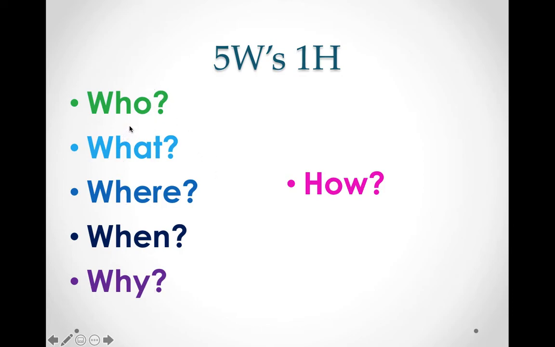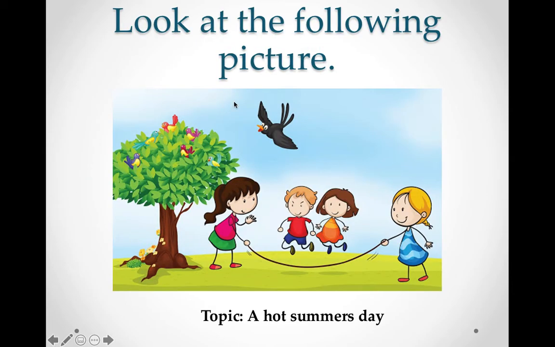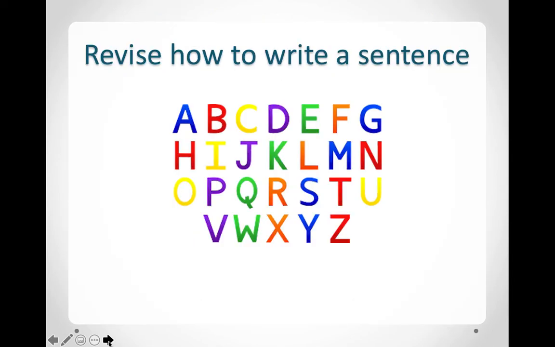So who, what, where, when, and why. 1 H is how. So you will look at the picture and at the topic and you will ask yourself these questions. You will write your sentences based on the answer that you get from those questions.